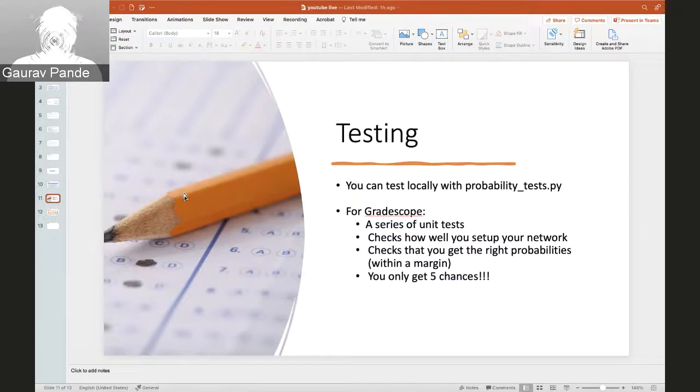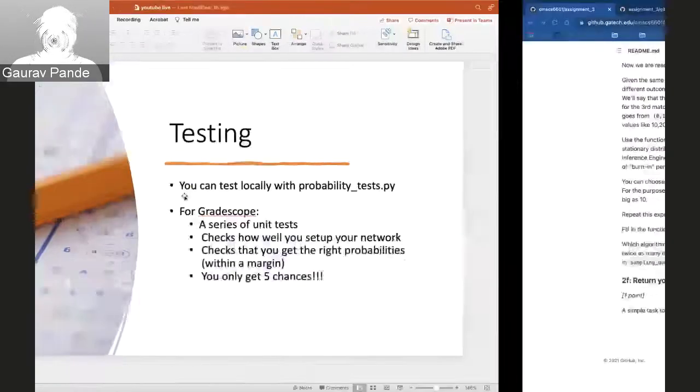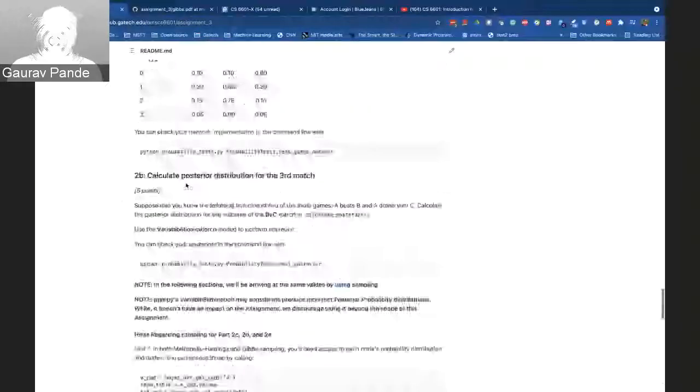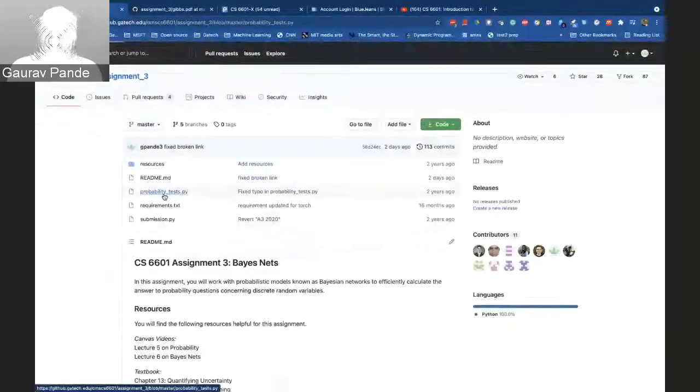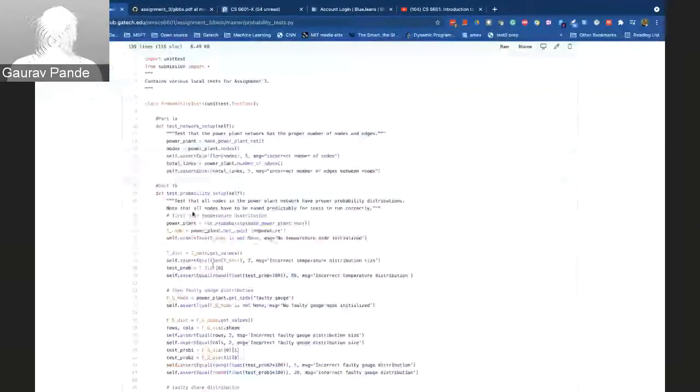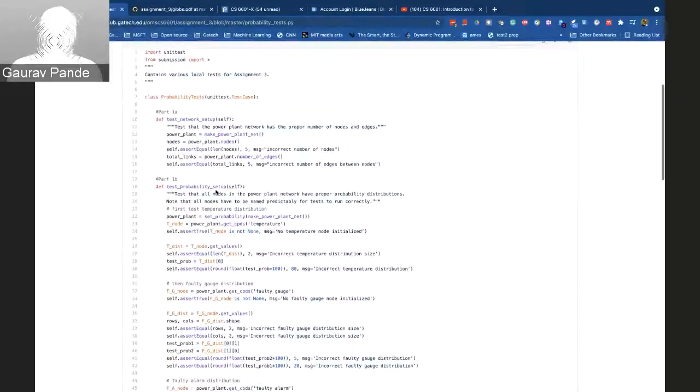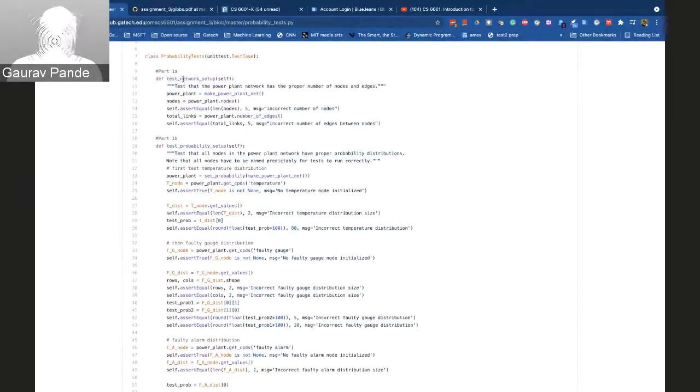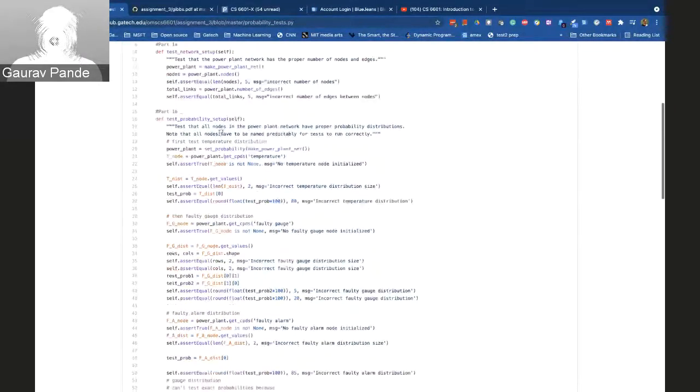Testing: you can locally test your implementations using the probability_test.py file. Feel free to open it and check what each of these test cases is doing. You can see that part one is checking that you have the proper number of nodes and edges, and the second part tests that all the nodes in the power plant network have a proper probability distribution.